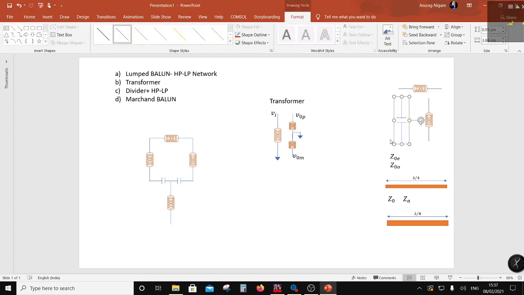So I'm making a high pass low pass network. So what you are seeing is a high pass network, right?